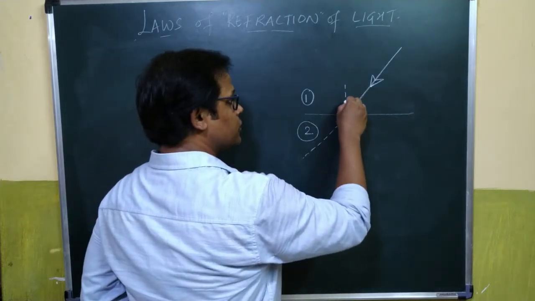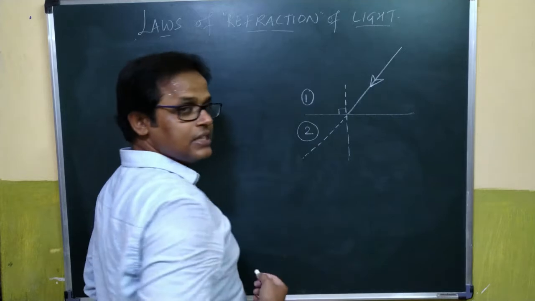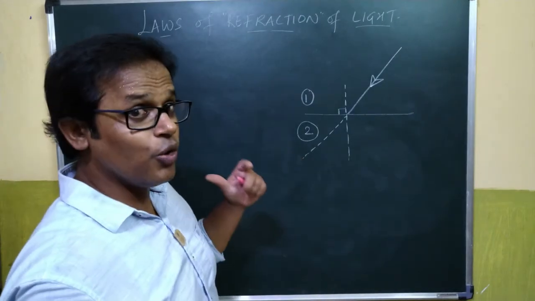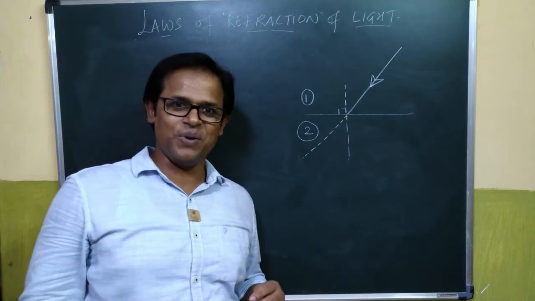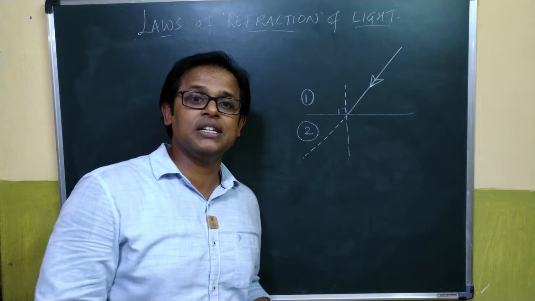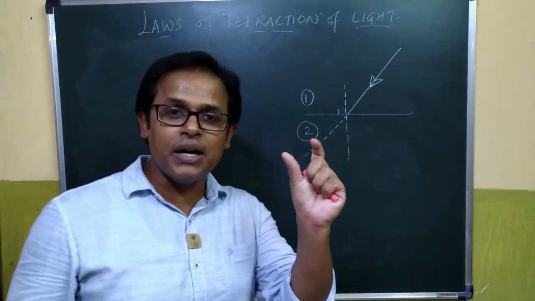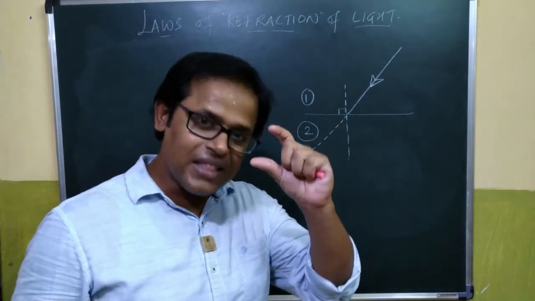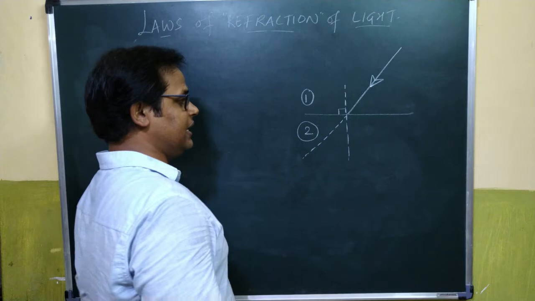Never forget to put in the normal passing right through the point of incidence, and depending upon who is optically denser or who has higher refractive index. That's very, very important now. The measure of the optical density of the medium is given by a pure number, which is always relative with respect to the other medium. That number is called the refractive index of the media.